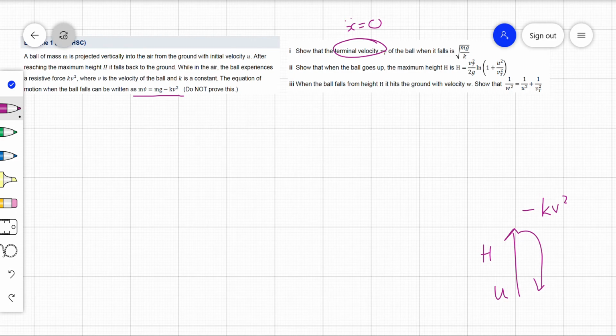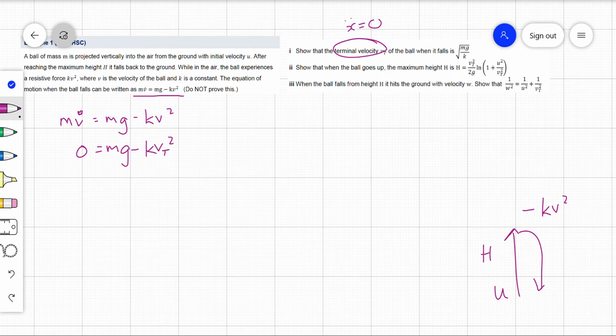So if we have a look at our v dot is mg minus kv squared. In this case, acceleration, of course, is v dot. So if we make that 0, we are left with mg minus kv squared. And this is not just any v, this is happening at terminal velocity v.